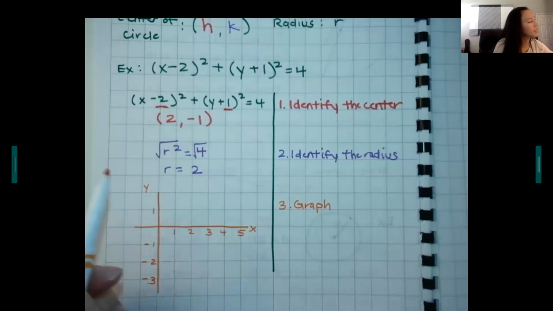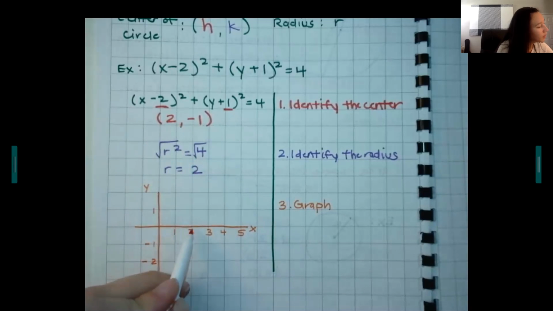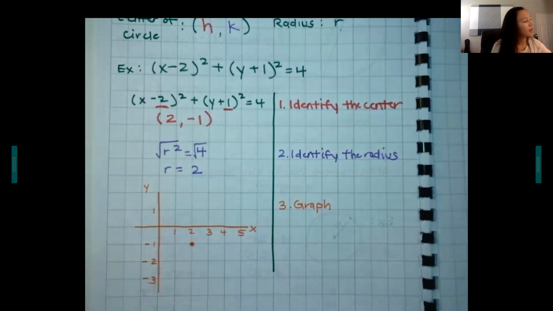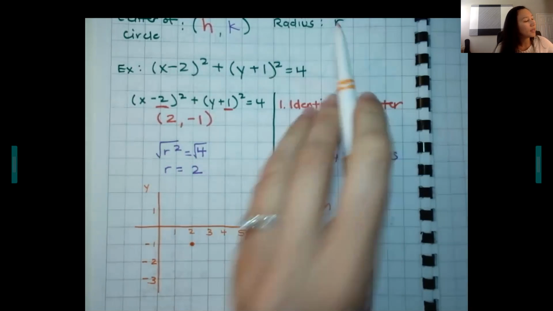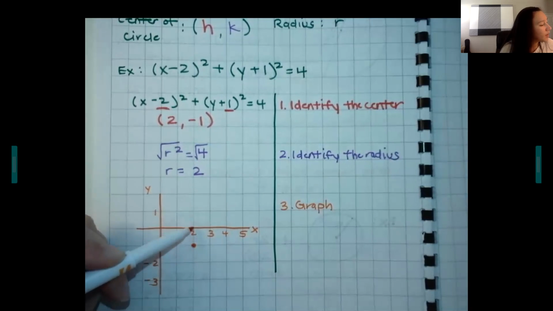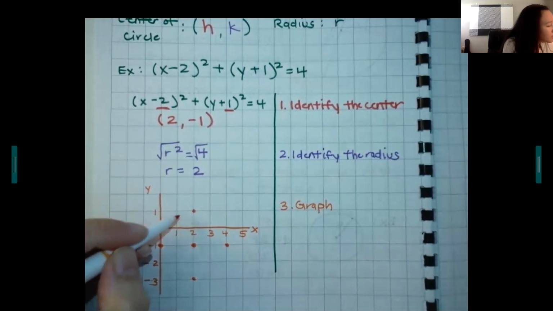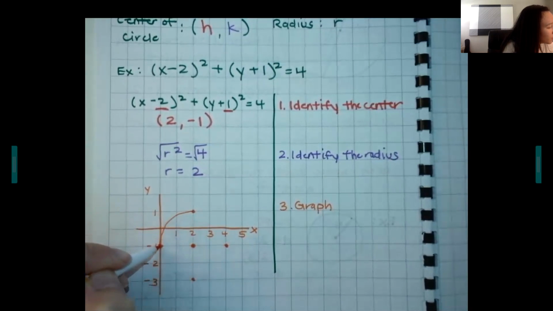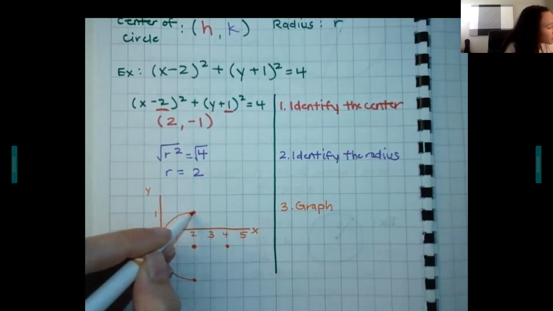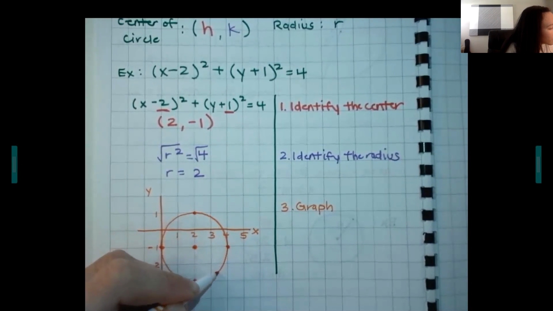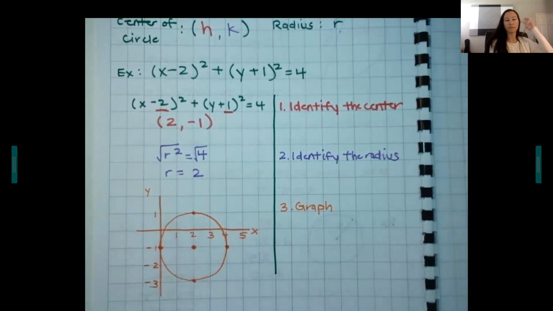And then our center is (2, -1). So we go to (2, -1). And then our radius is 2. So we know that we could go up 2, down 2 from the center, to the left 2, and to the right 2. And then we just form a circle going through those points. And there's our graph.